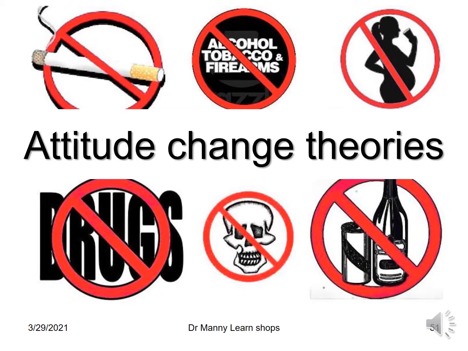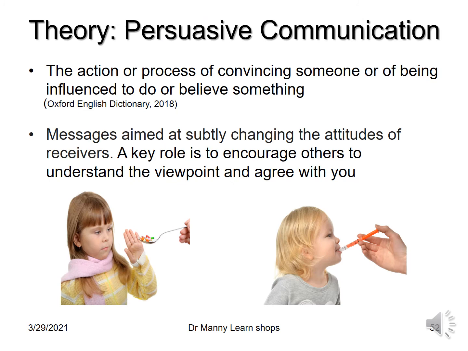There are certain attitude change theories. We're just going to look at some of them. You've got the theory of persuasive communication. Persuasive communication is the action or process of convincing someone or of being influenced to do or believe something.